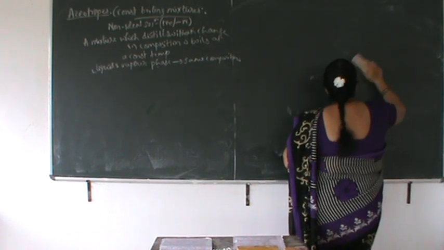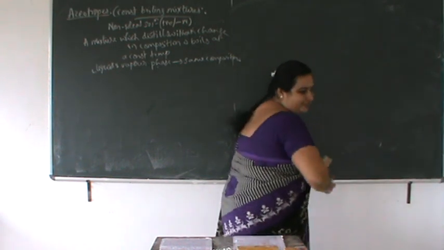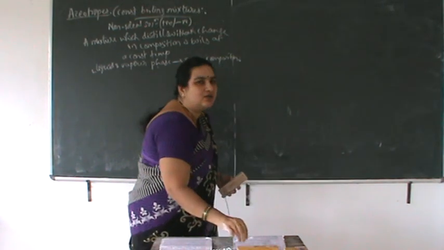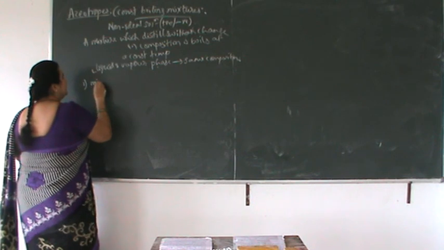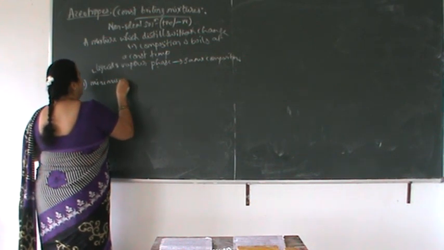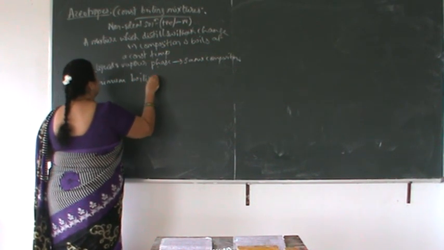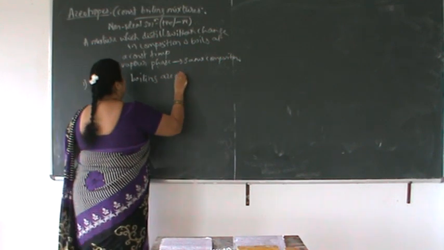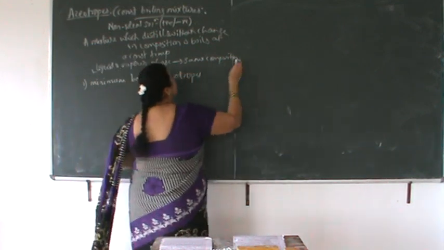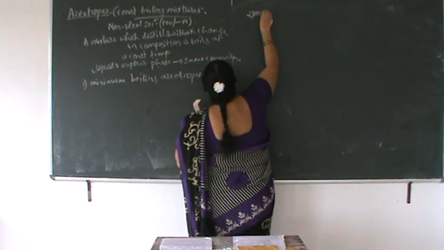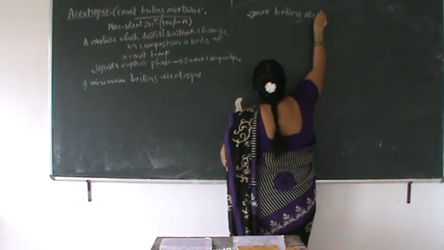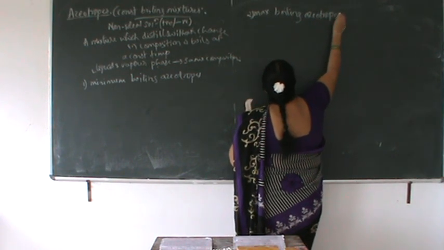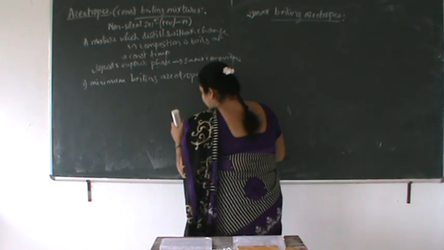Here again, based on the type of non-ideal solution, there are two types of azeotropes. Type 1, minimum boiling azeotropes, and second, maximum boiling azeotropes.